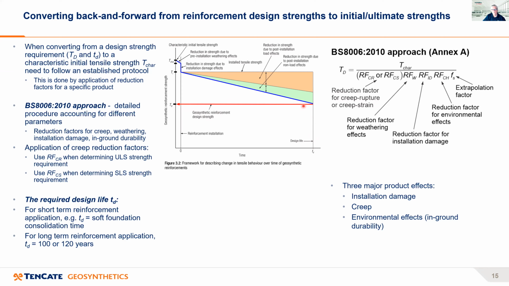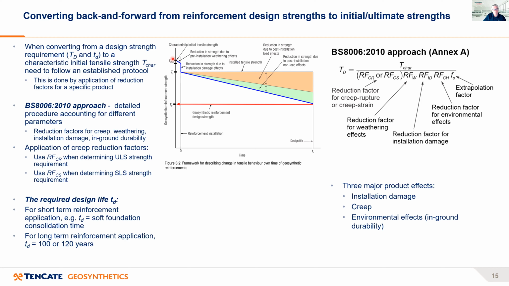The way we go about this is a pretty standard protocol and procedure these days, where we apply factors to this design strength to enable us to work our way back up through here to time t equals 0, to tell us what the ultimate strength of this reinforcement needs to be.